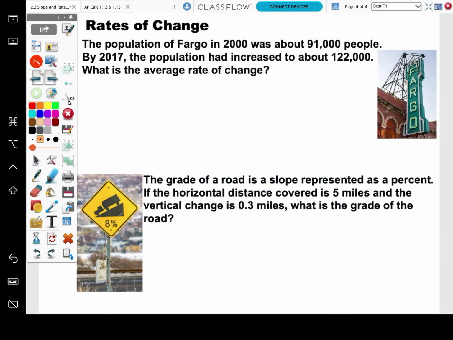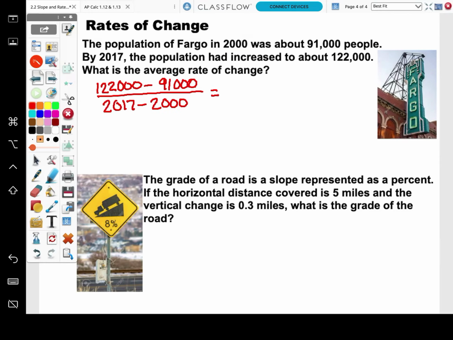All right, and here's some more rates of change just for practice. So the population of Fargo in 2000 was about 91,000 people. By 2017, the population had increased to 122,000. What is the average rate of change? So we're going to have the population change on top. So 122,000 minus 91,000 over the change in time, which is 2017 minus 2000.